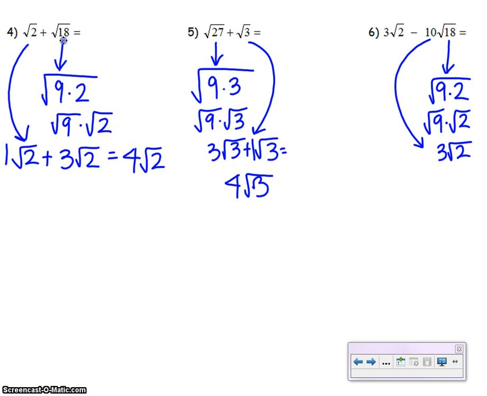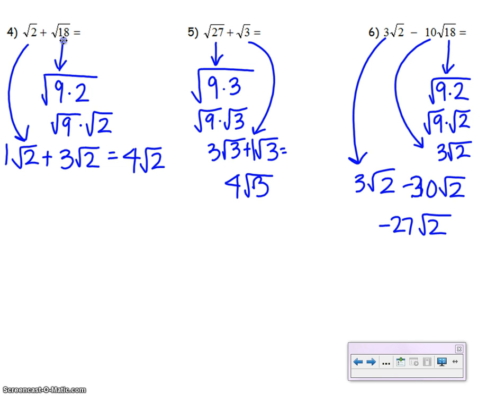So 10 times 3 root 2. And that 10 comes from up above. So that'll be negative 30 root 2, and we'll bring down the 3 root 2. And then we can do 3 minus 30, so negative 27 root 2. Can't simplify the square root of 2. Shall we move on? Yes, we shall.